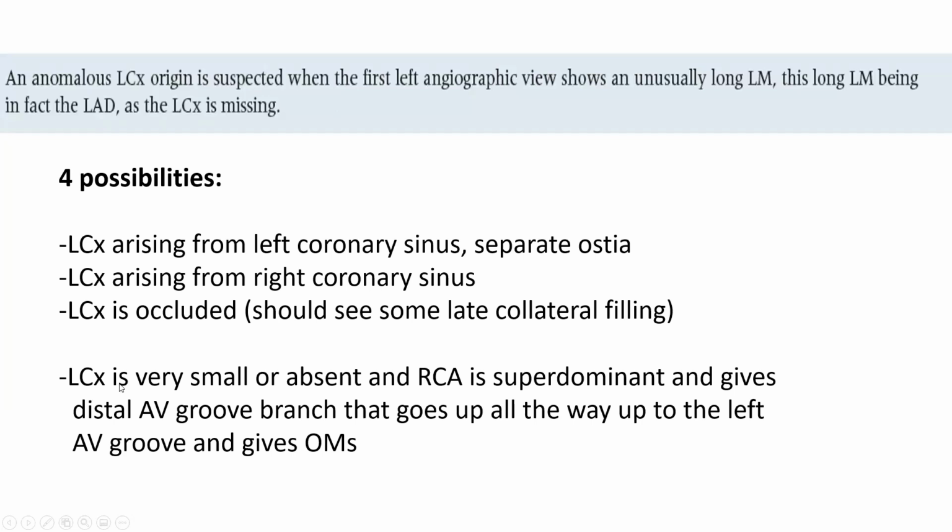The fourth possibility, and least common, I've only seen it one time, is that the left circumflex is very small or practically absent, and you only have an LAD and an RCA that is super dominant and gives basically a distal AV groove branch that goes all the way up to the left AV groove and gives OMs basically.